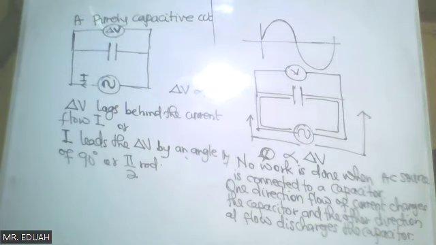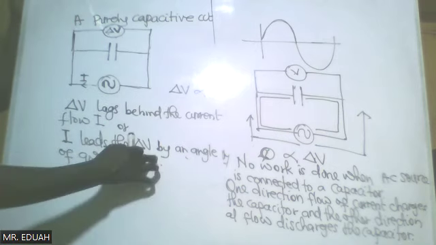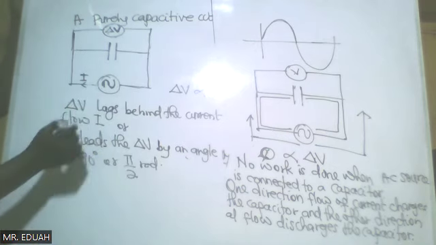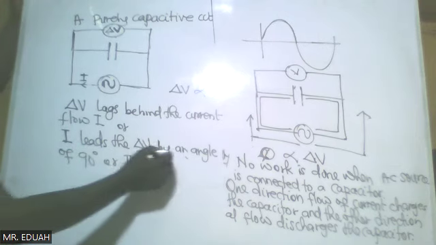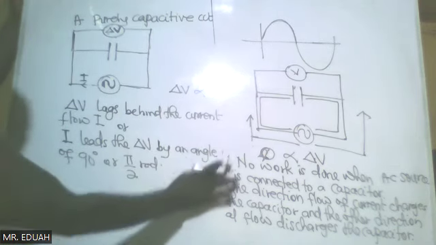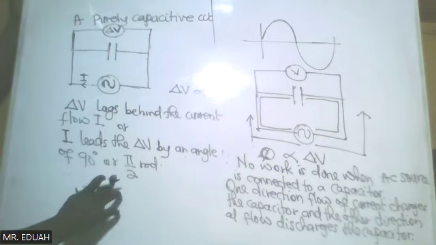So for a purely capacitive circuit, current leads the voltage drop by an angle of 90 degrees or pi on 2 radian.